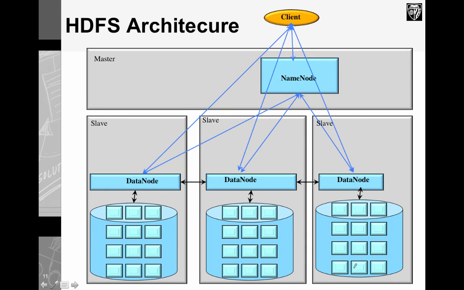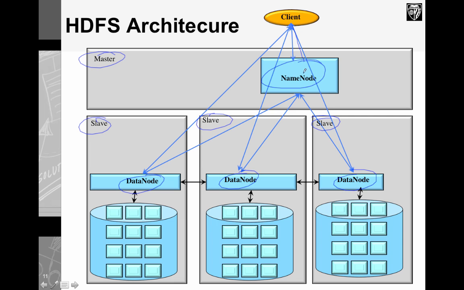Let's look at this using a picture. So in Hadoop architecture, there's a master-slave architecture. The master contains the name node daemon. The name node daemon is the brains of the distributed file system. The slave nodes run the data node daemon, which are writing data to the local file system. When the client wants to create a file, it talks to the name node.